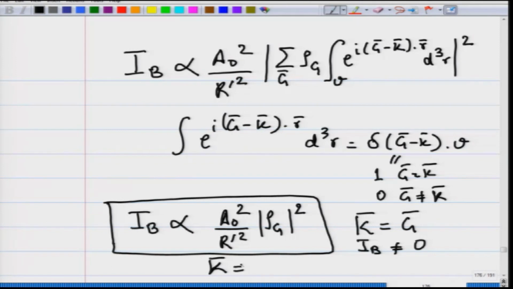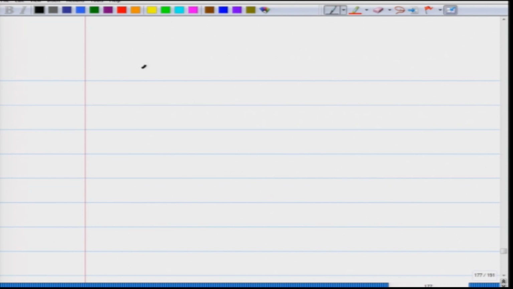If my scattering vector k is not equal to g, my I_B becomes equal to 0. I get no scattered intensity, and this is the condition for diffraction.